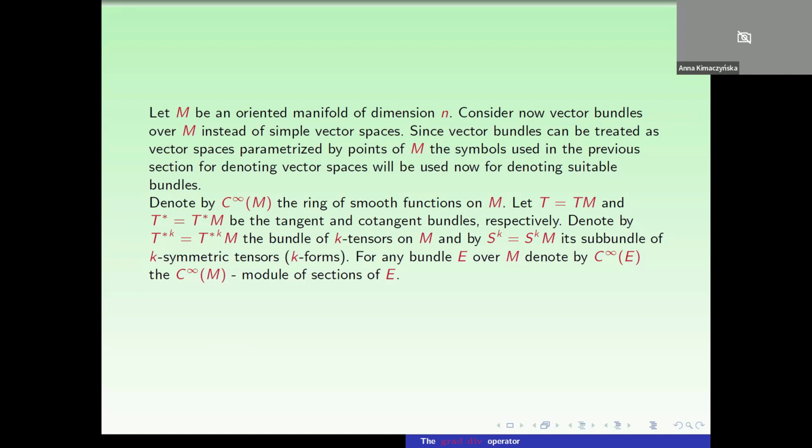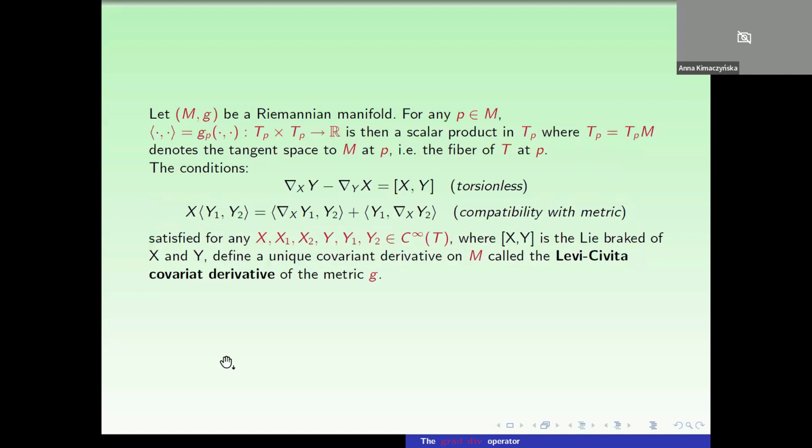And denote also T*k = T*kM, the bundle of k-tensors on M, and Sk = SkM, its subbundle of symmetric k-tensors, k-forms. For any bundle E over M, denote C infinity of E, the C infinity of M module of sections of E. Let (M,g) be a Riemannian manifold.